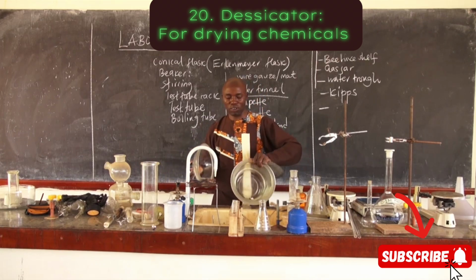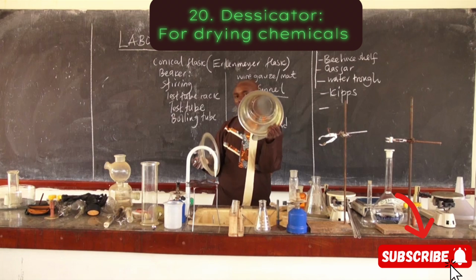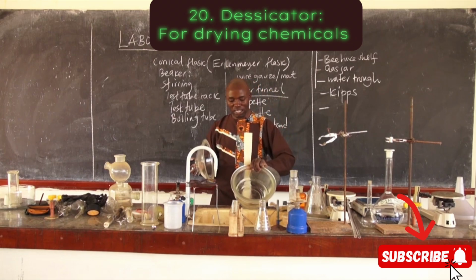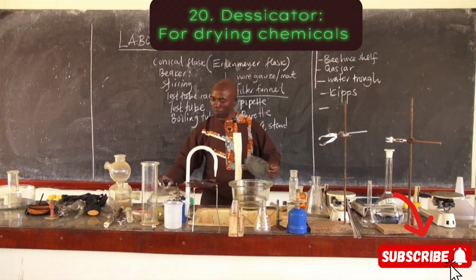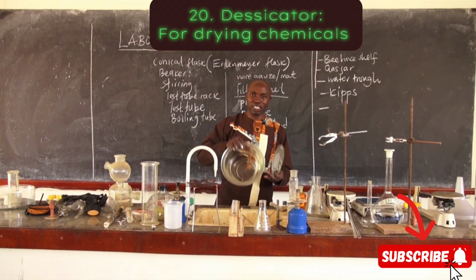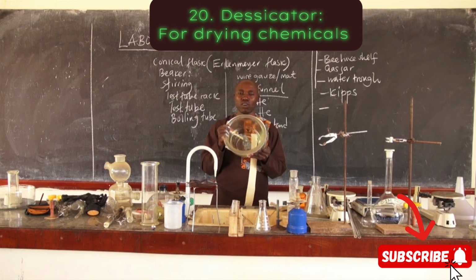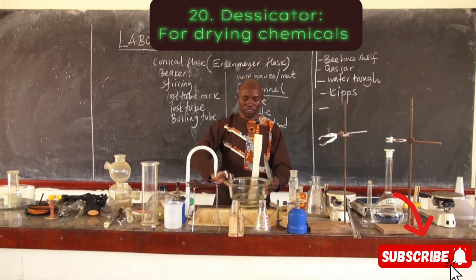I think you can have a look at inside here. It's empty. So inside there we first put a drying agent, such as silica gel, or we can also put phosphorus pentoxide inside there.